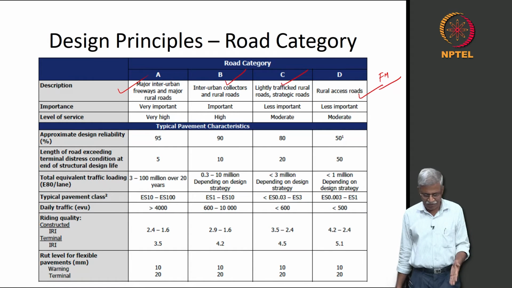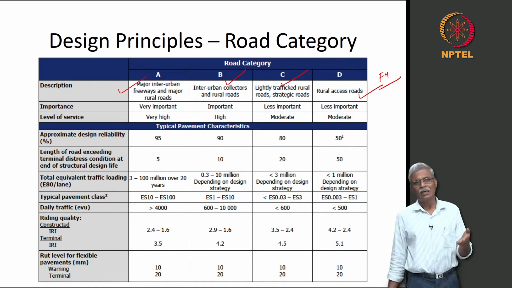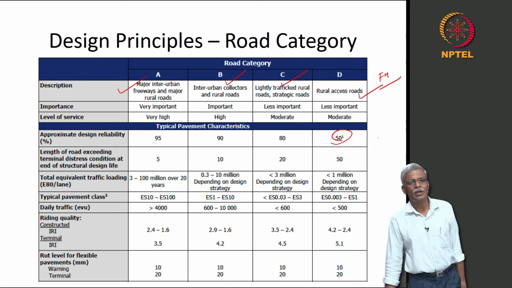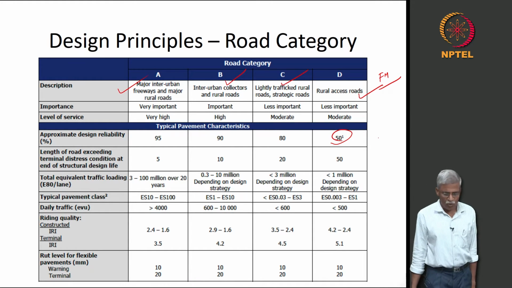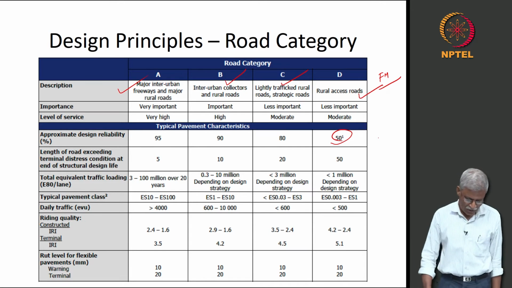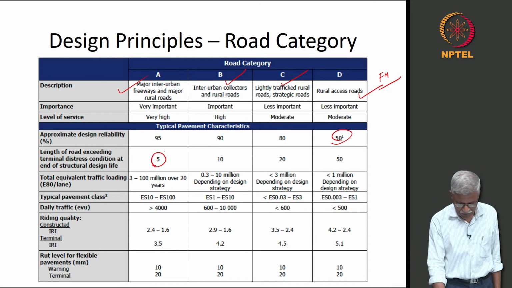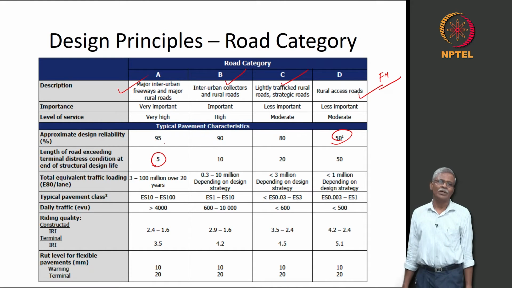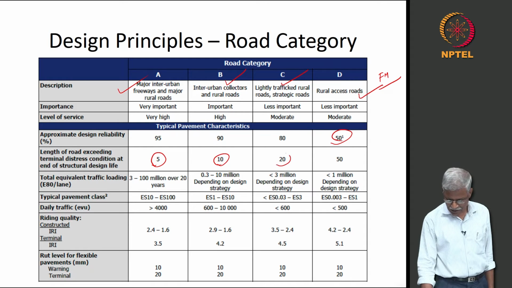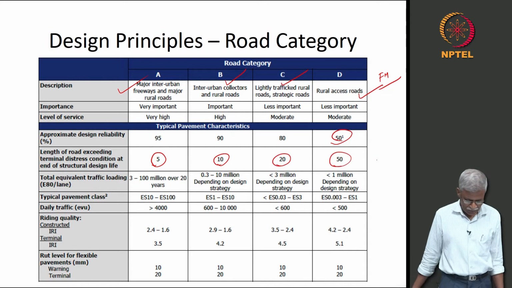So, it is 95, reduces to 90, 80 and finally, it just comes to 50 here. And the length of the road exceeding the terminal distress condition at the end of the structural design life is of course 5 here. The design reliability is 95. So, this is 5 and this is 10, this is 20 and this is 50.